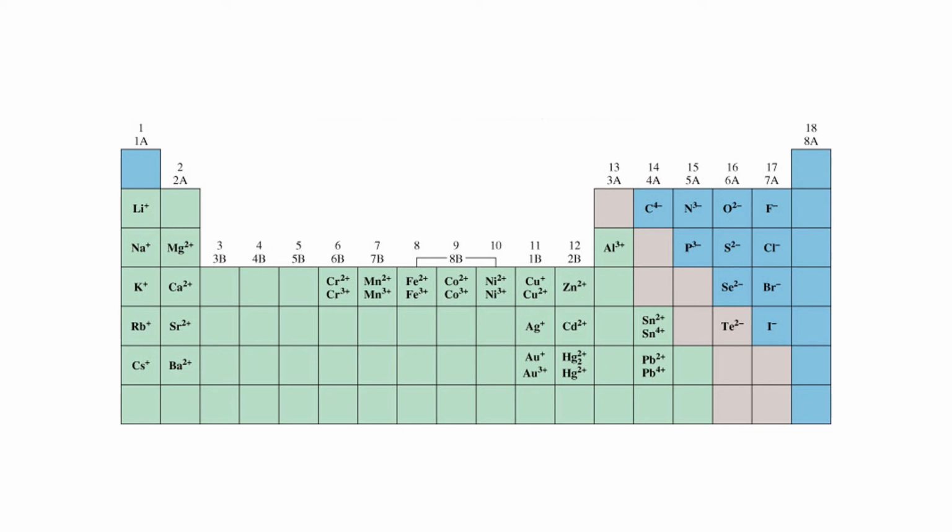You can either memorize that, or the other trick is you take the group number, for example 7A, and subtract 8. That gives you a -1. 6 minus 8, -2. 5 minus 8, -3. 4 minus 8, -4. So this is where that 8 is coming from.